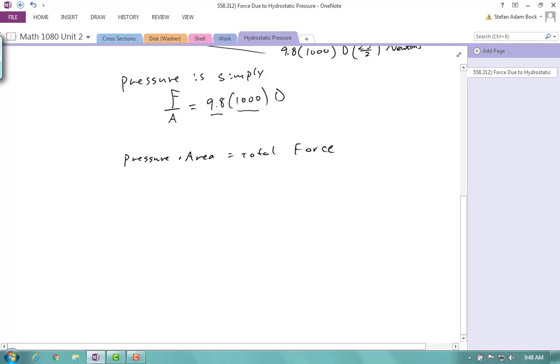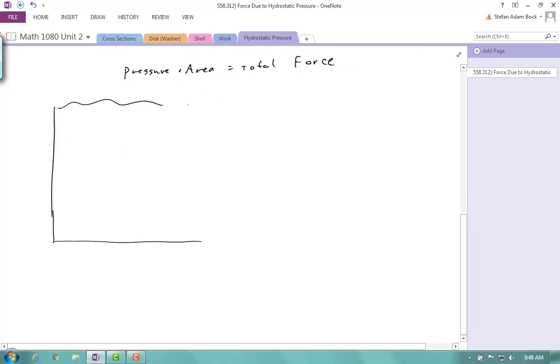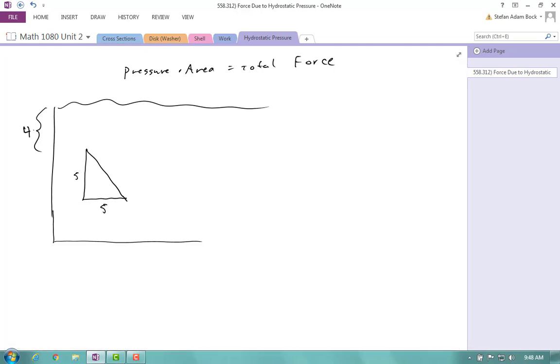So the flat horizontal triangle I had before in the water was fairly straightforward, but what happens if I were to stand up that triangle? How would I find the total force due to hydrostatic pressure on this plate? Well, it's suddenly a more complicated problem because the force due to pressure depends on the depth, because the amount of pressure on an object is a function of how deep the object is.